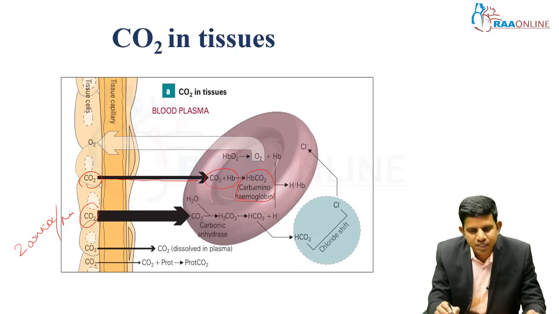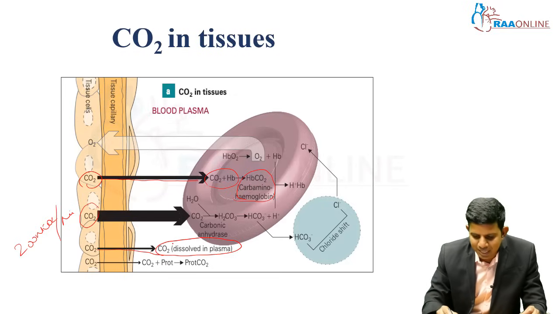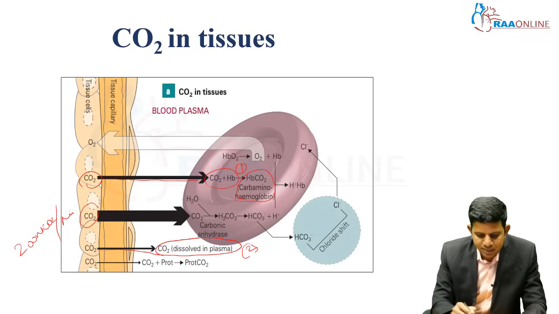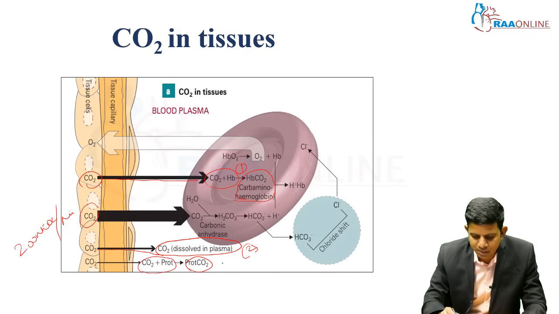This is one method. The second is that some of the carbon dioxide will dissolve in the blood. The third is that some of the carbon dioxide will bind with the plasma proteins and produce carbamino compounds.